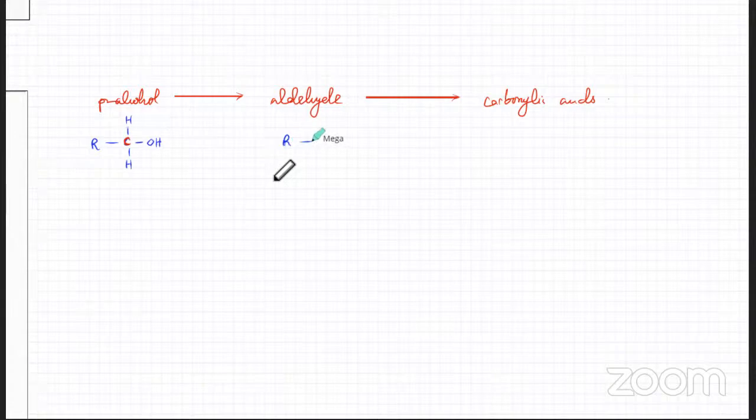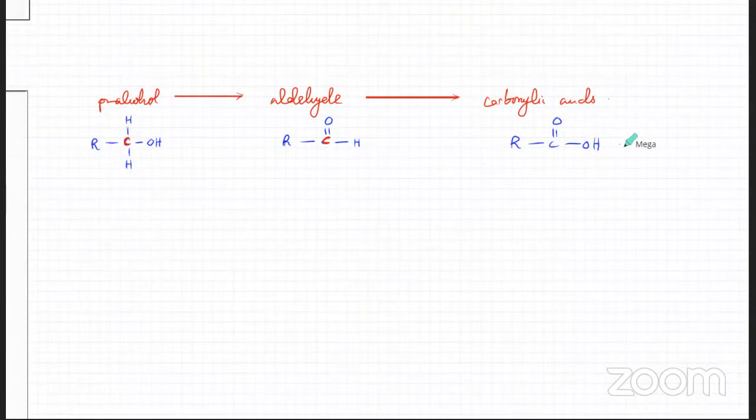It would get oxidized: double bond O, it would lose H and O would be gained. Then this same carbon would be further oxidized to a carboxylic acid. So that is oxidation.